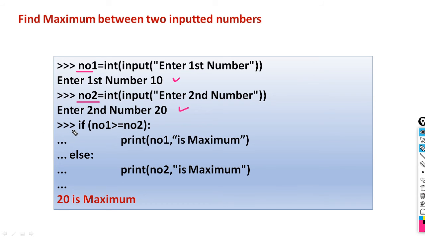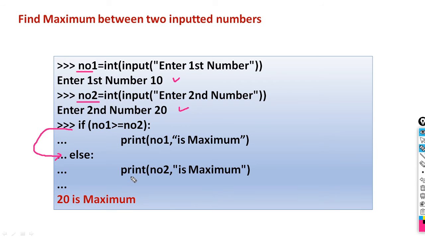So the Python interpreter takes your control to the else part and executes the statement within else. What statement is there? Print NO2 is maximum. So it will print output like this, 20 is maximum.